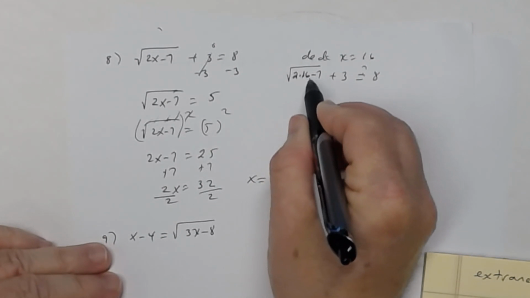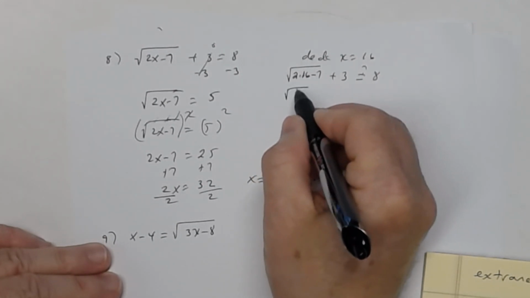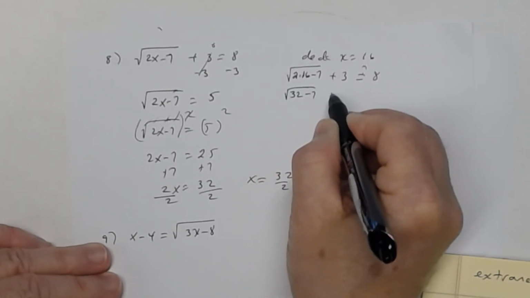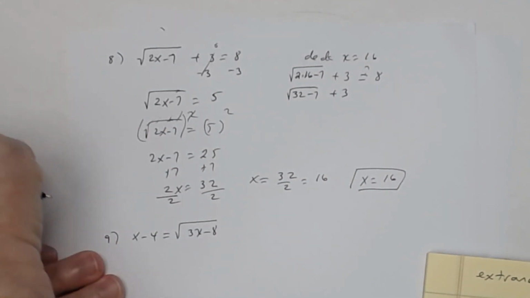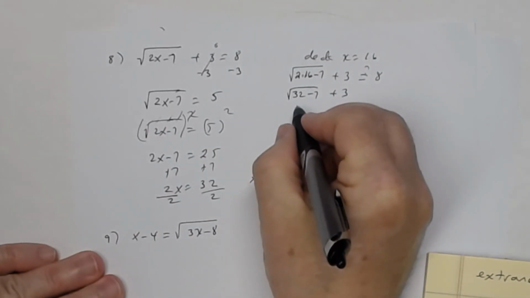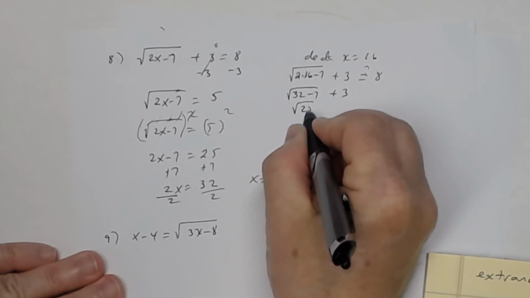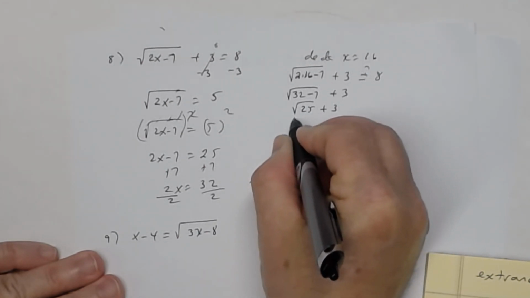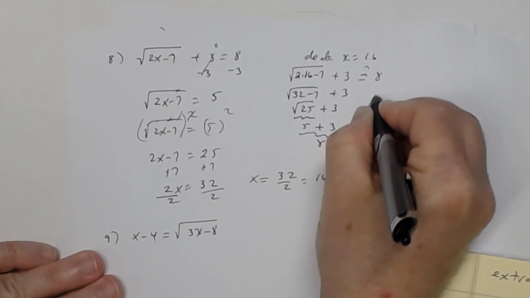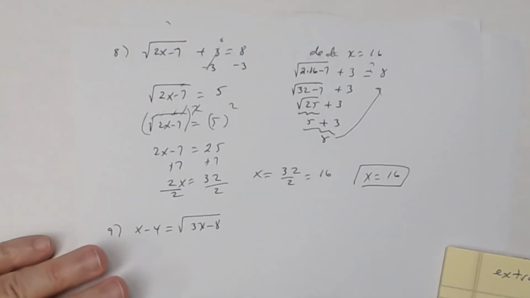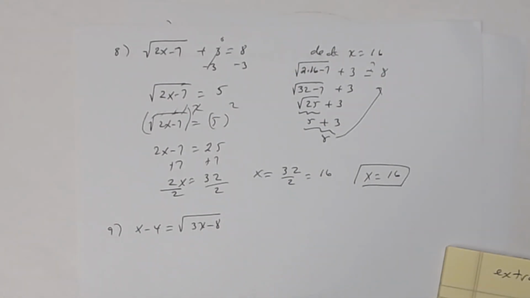Well, 2 times 16 is 32, right? So that's the square root of 32 minus 7 plus 3. 32 minus 7, use your calculator if you need to, 32 minus 7 is 25. So this becomes the square root of 25 plus 3. The square root of 25 is 5, and notice 5 plus 3 is 8, and that's what you wanted. So x equals 16 is a solution.